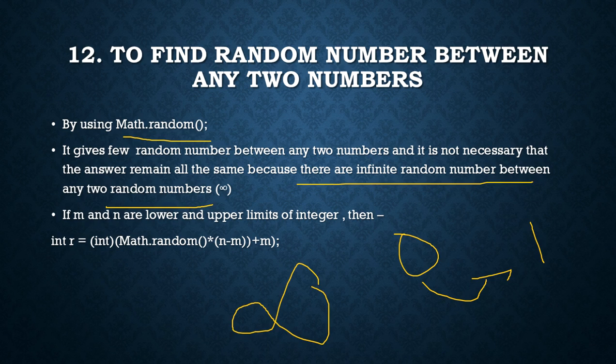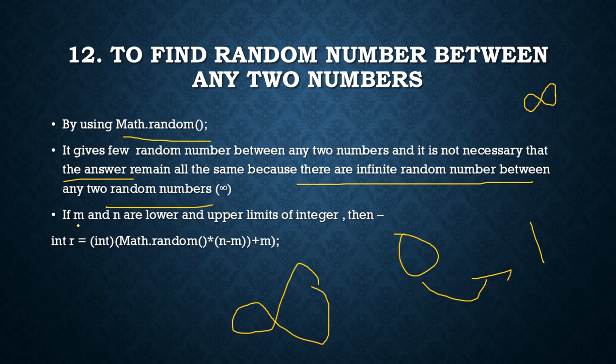There is a symbol for representing infinity. So if you take 0 and 1, there are infinite random numbers between them. That is why if you try one time, the answer will not remain the same, but slightly differs.